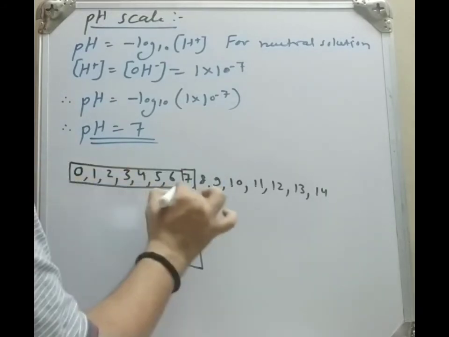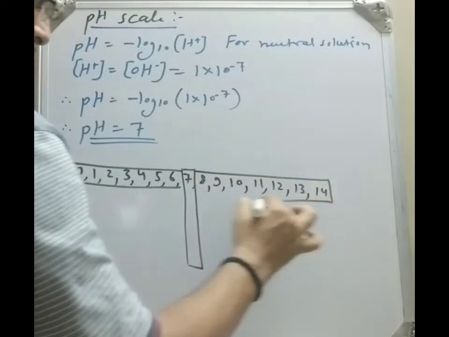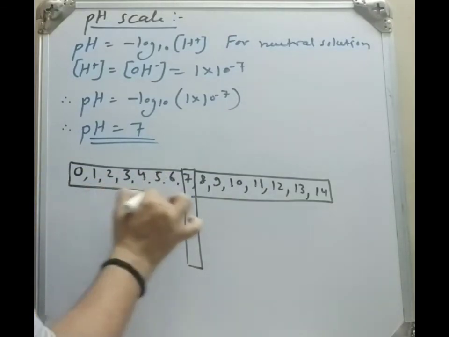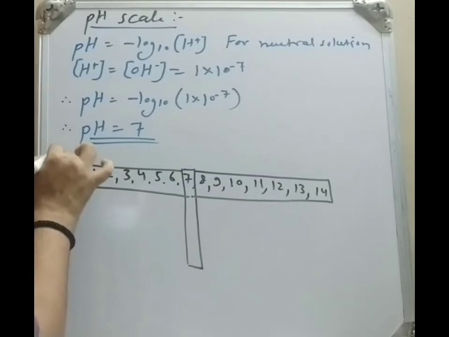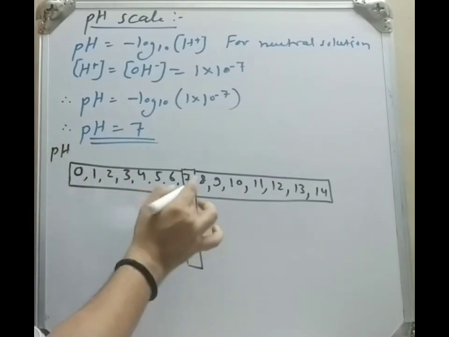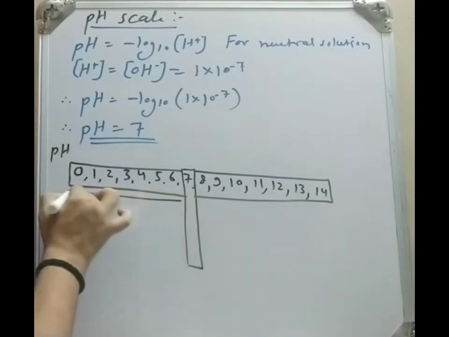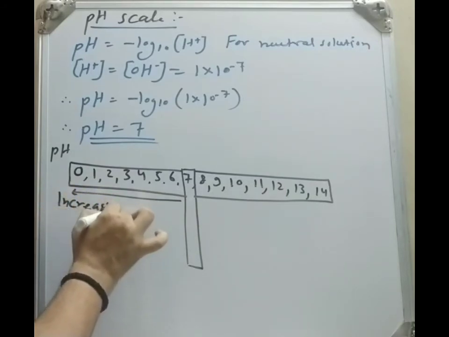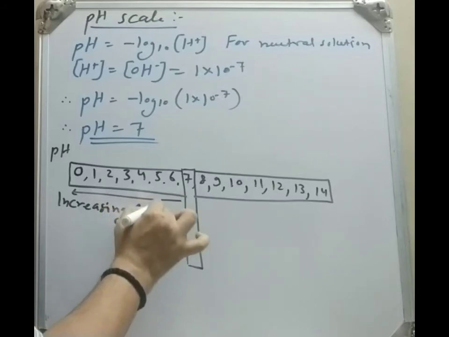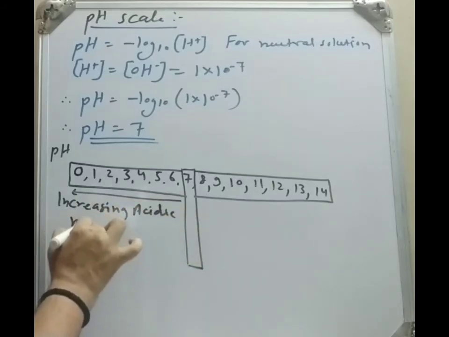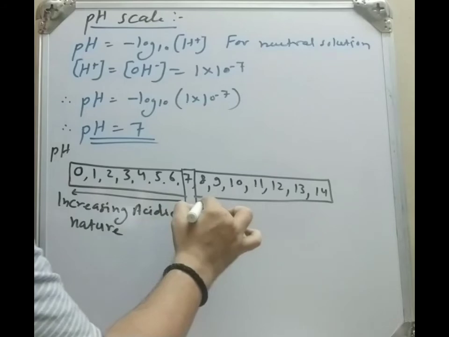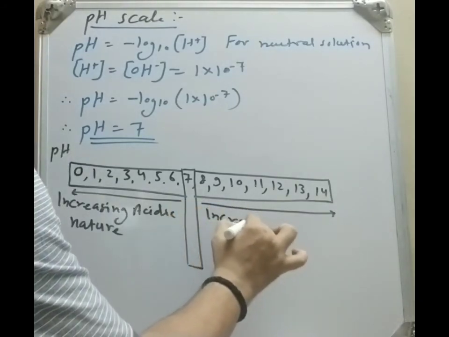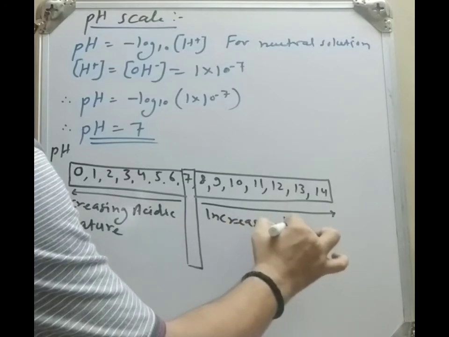When pH is less than 7, that is the acidic character, and when pH is more than 7, it shows the basic nature. So when pH decreases on this side, it is increasing acidic character. For example, take two solutions, one with pH 4 and one with pH 3. The solution which has pH 3 is more acidic. And on this side, increasing pH means increasing the basic nature.